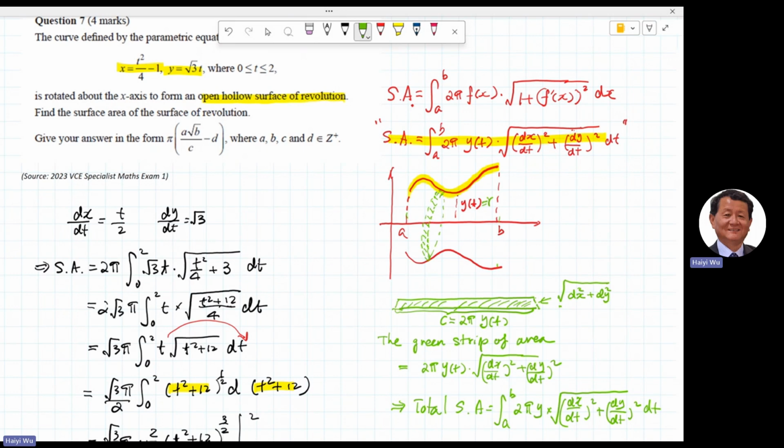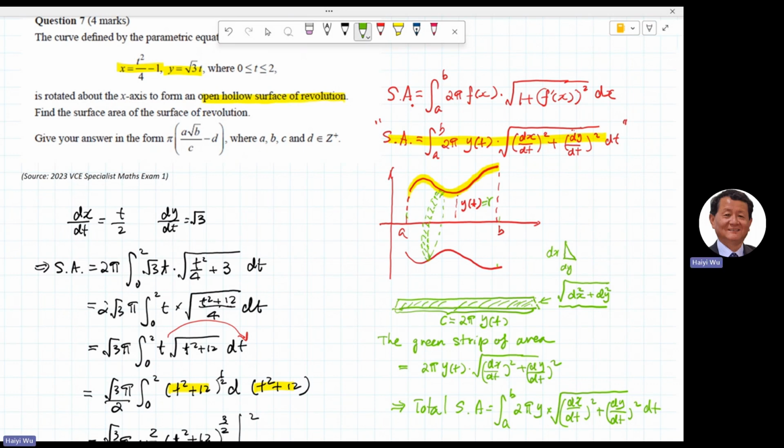Therefore, I'm going to use Pythagoras. We're going to enlarge that triangle. This is the increase of dx, which is the horizontal, and this is the dy, the increase of y.